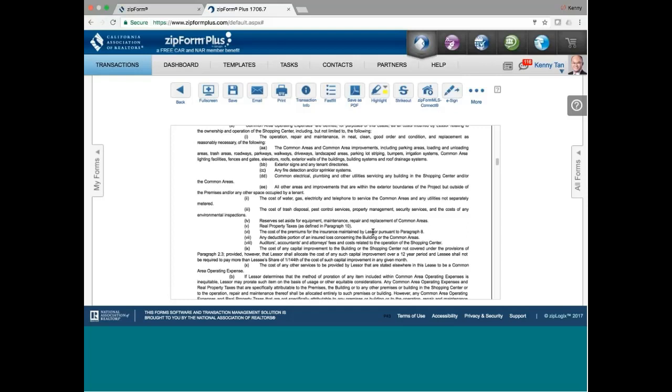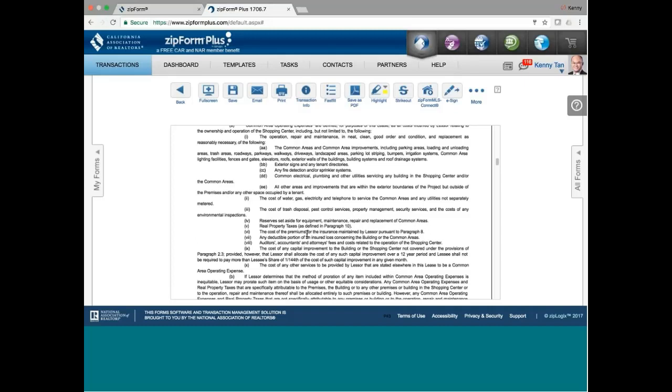Auditors, accountants, and attorneys' fees associated with the operation of the shopping center, that is also an item that is included in the common area operating expense. The cost of any capital improvement to the building or the shopping center not covered under the provisions of 2.3.